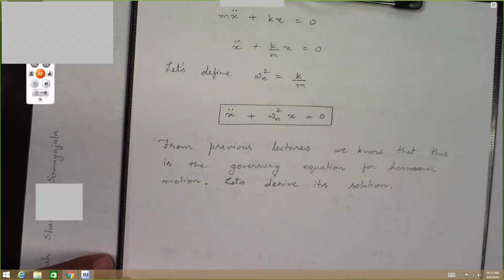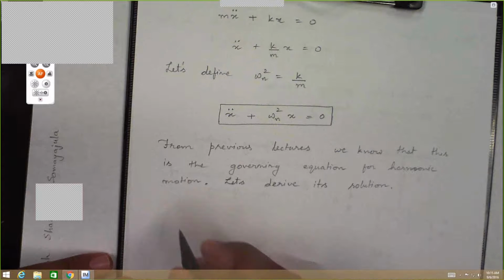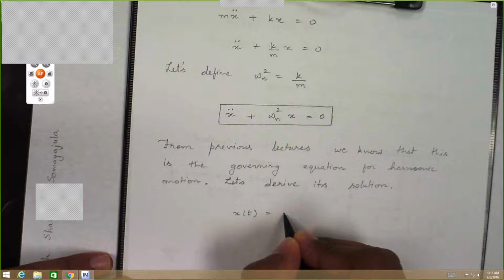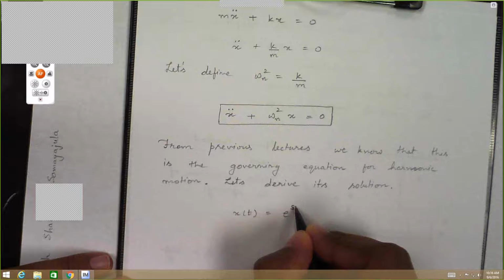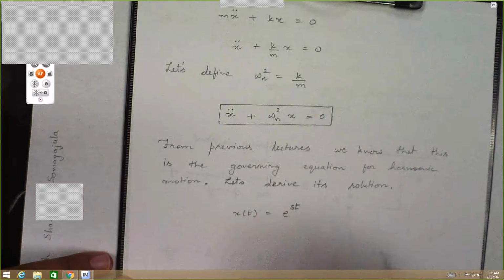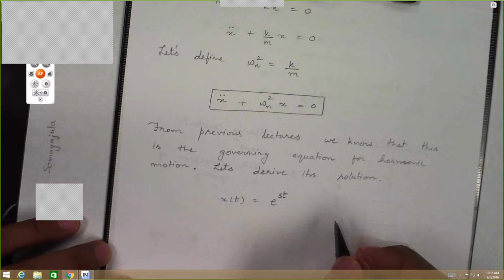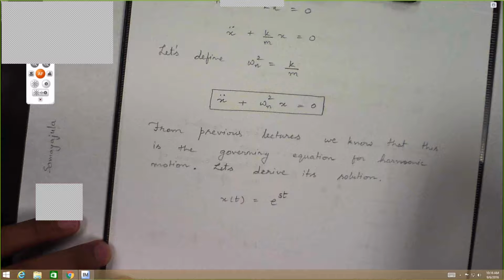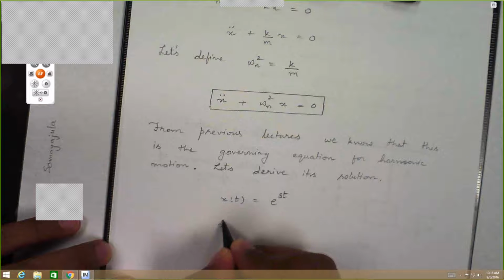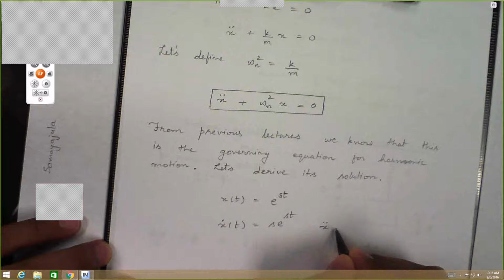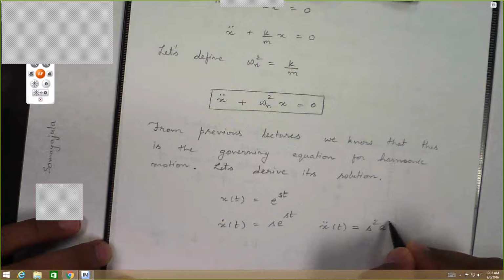Whenever we have a linear differential equation, one of the candidate solutions for this sort of problem is always x of t equal to e to the power s t. Before we substitute, let's derive the expression for x dot of t. That's nothing but s times e to the power st. x double dot of t, the second derivative, is again s square e to the power st.